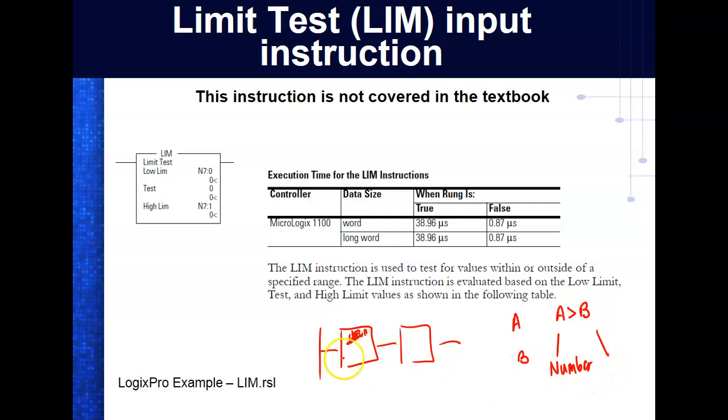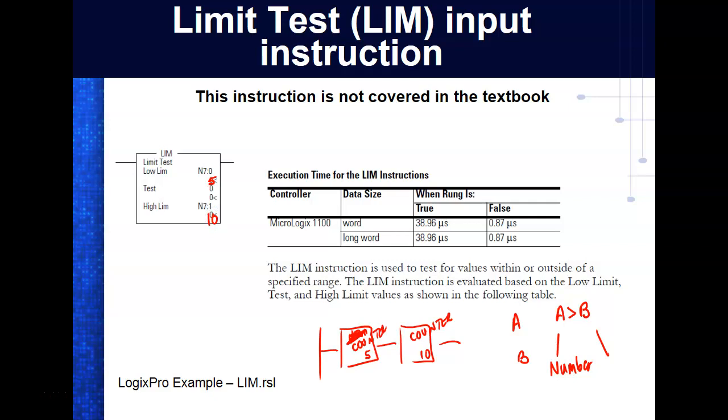So down here, we would put our range. We would say 5, and over here we might have said 10, right? Up here we were testing this against a counter, right? So if I put 5 here and 10 there, that would be my low limit and my high limit.